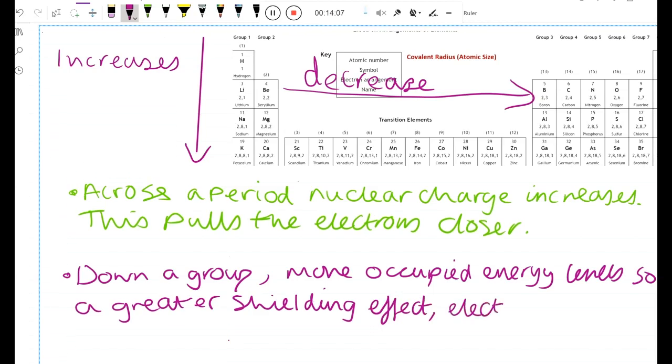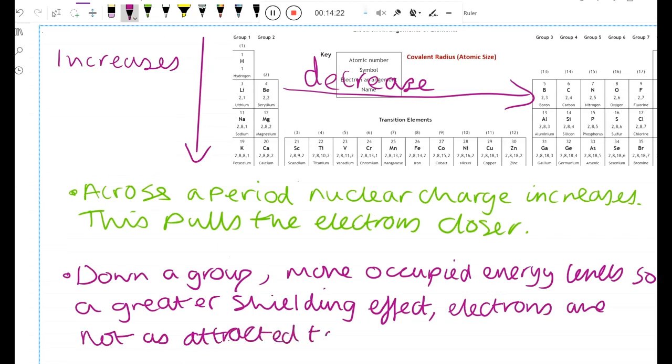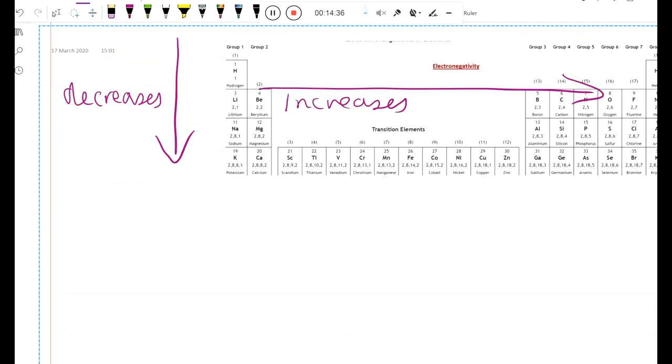Electrons are not as attracted to the nucleus. They are actually also physically further away from the nucleus. Okay, so that is atomic size.